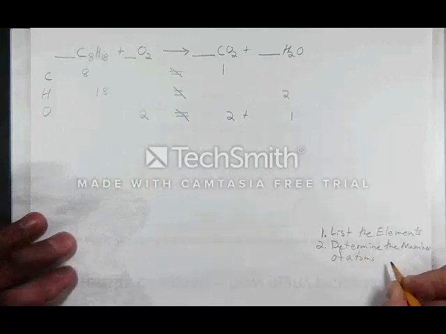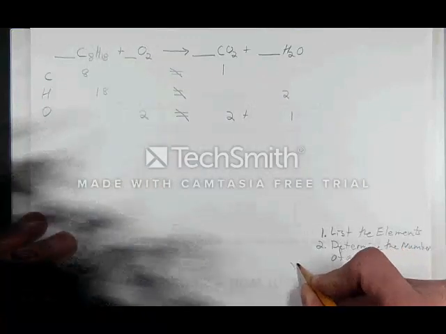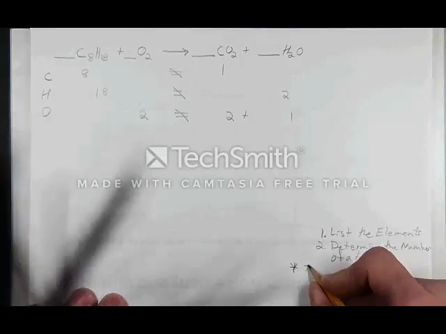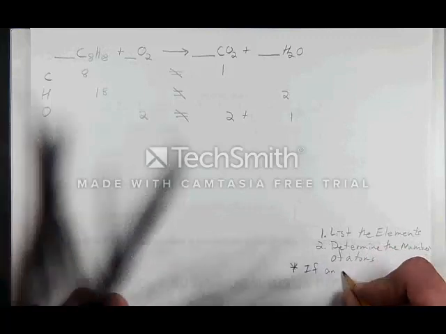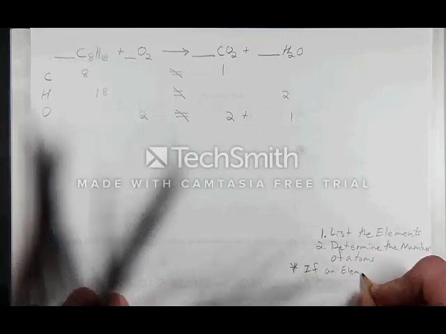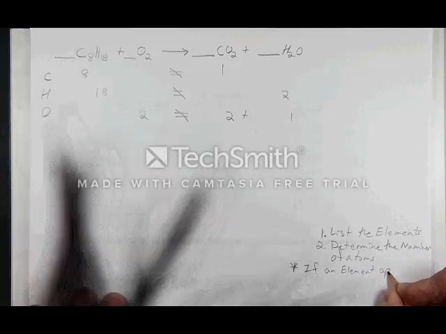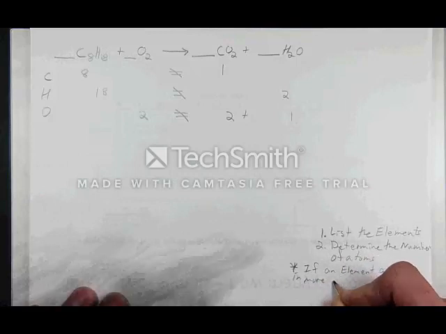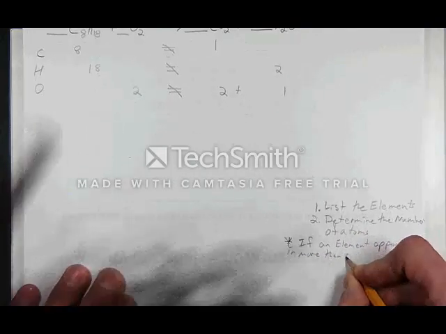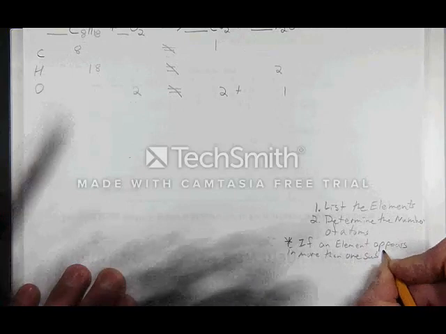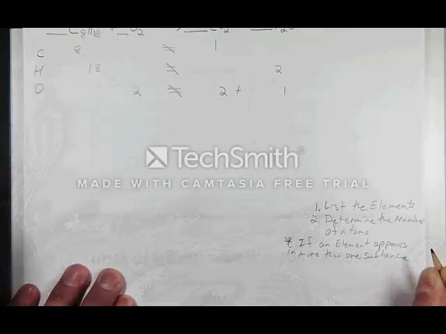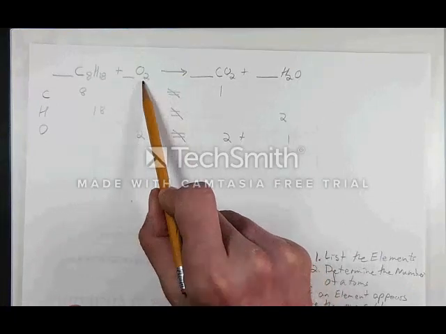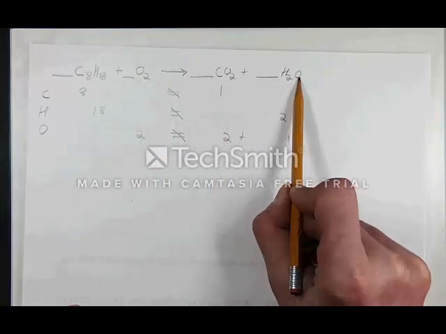Alright, so determine the number of atoms, and a little hint here. If an element appears in more than one substance, and again in this example, oxygen is appearing in both carbon dioxide and water.